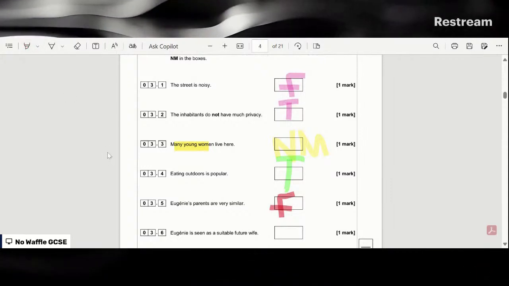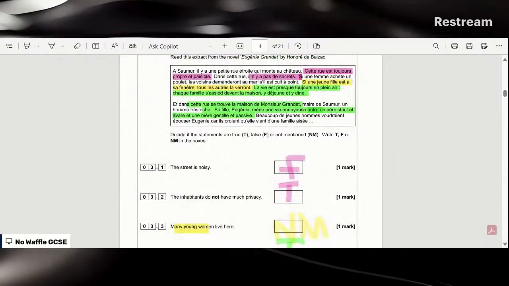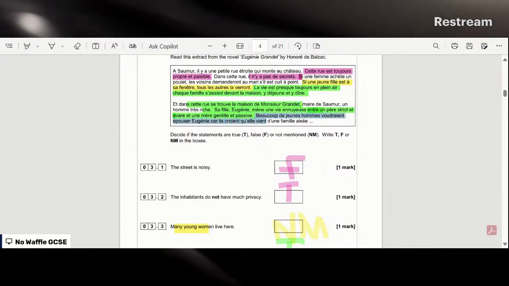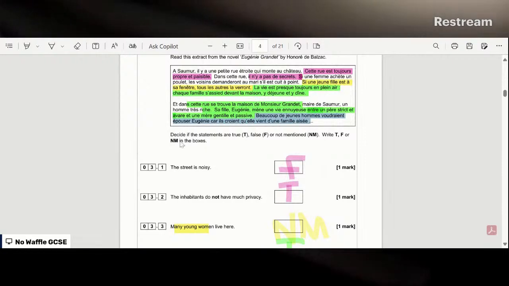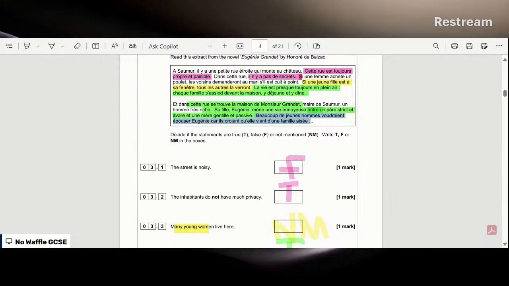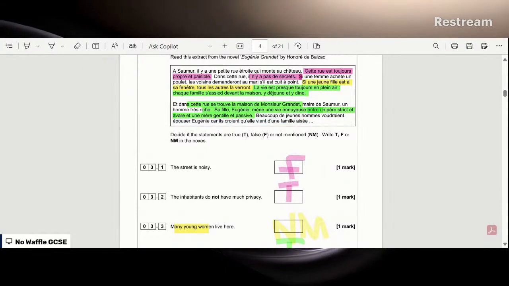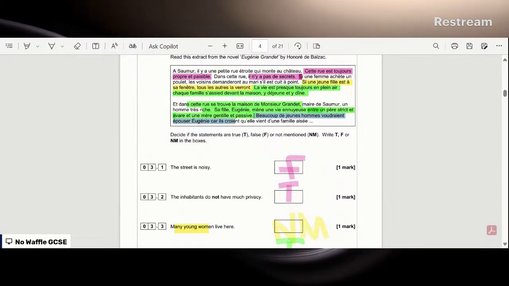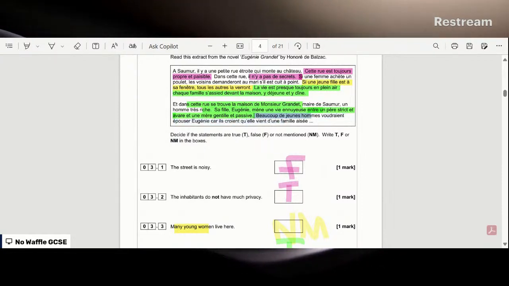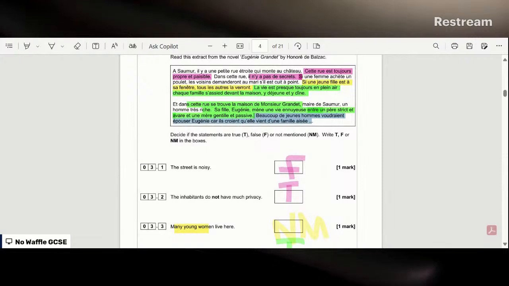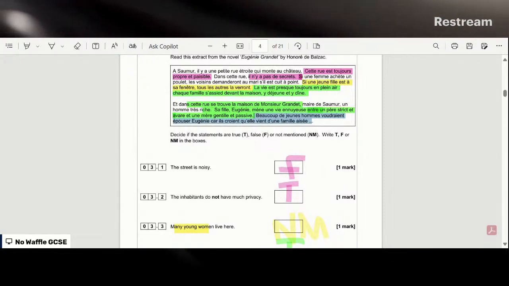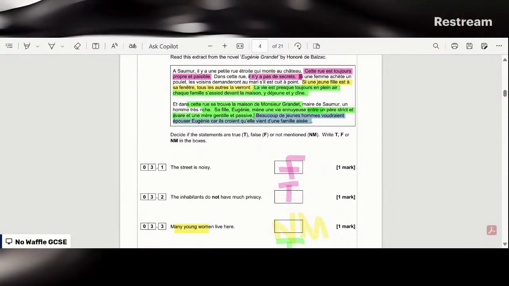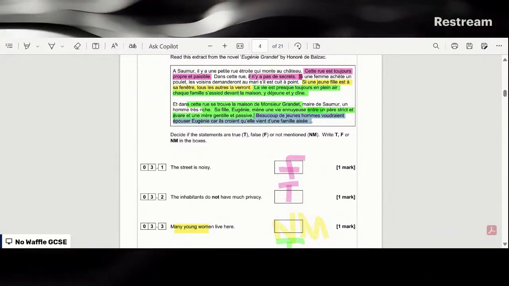Eugenie is seen as a suitable future wife. Let's look. Beaucoup de jeunes hommes voudront épouser Eugénie car ils croient qu'elle vient d'une famille aisée. So a lot of young men, it says, want to marry her because they believe that she is from a family that is very comfortable and very rich.